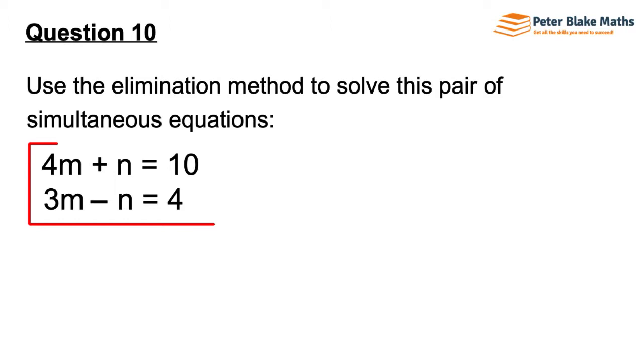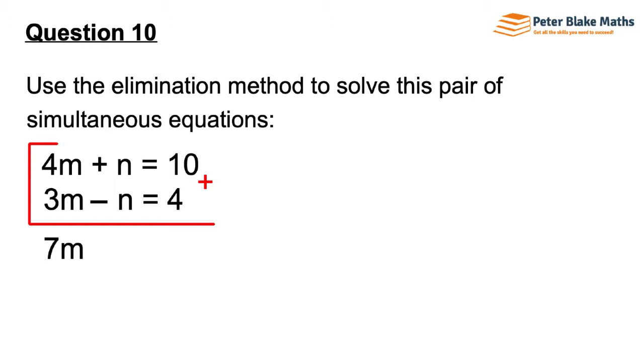But I'm going to add between the two equations here because that's the symbol that's going to help me cancel out the n's. So I'm going to put a plus there. Now let's take each set of terms that are kind of like terms in turn here. If we've got a plus between the equations, we're going to take 4m and plus 3m to it to make 7m.